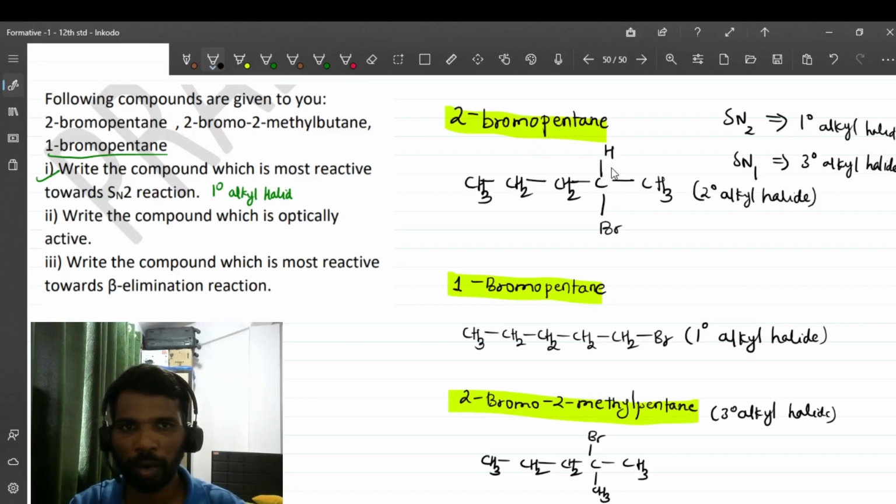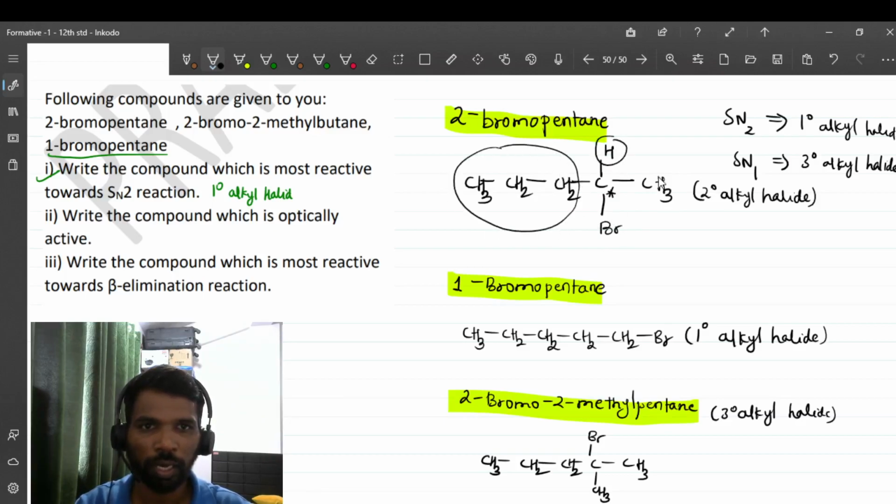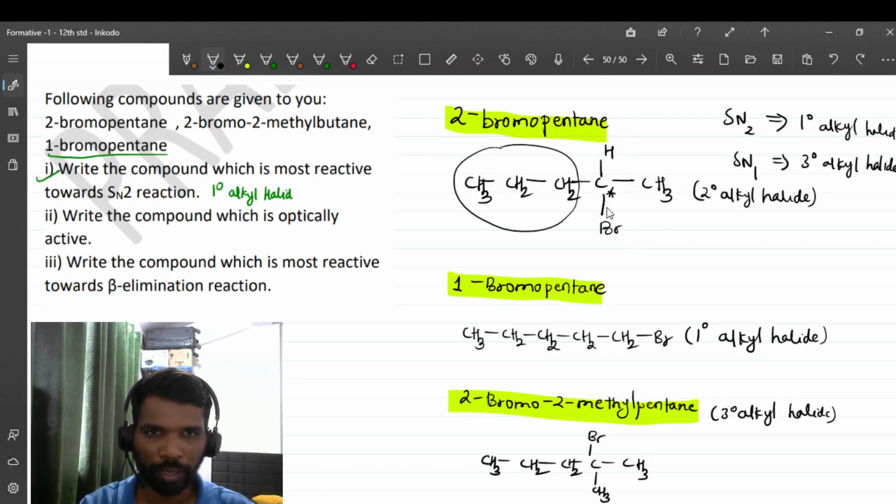All four groups attached to it should be different. One is methyl, another is Br, another is hydrogen, and this is a propyl group. All four groups are different. That's why this is a chiral carbon, and this whole molecule is optically active.